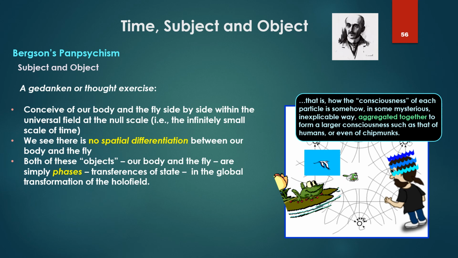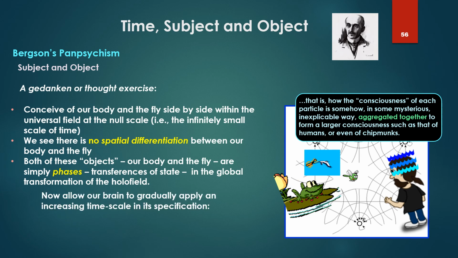We see there's no spatial differentiation between our body and the fly. Both of these objects, quote unquote, our body and the fly, are simply phases, transfers of state in the global transformation of the holofield.